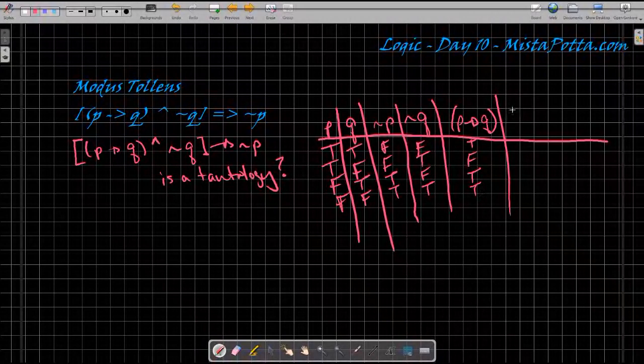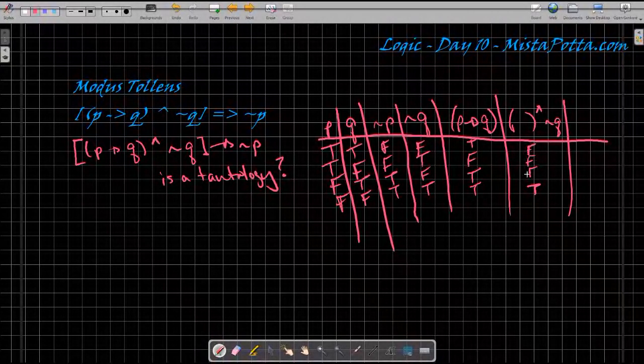But I want to conjunct it with negation Q. And so I'm going to compare the fifth column with the fourth column using a conjunction. A conjunction is a statement that is only true if both statements are true, and that only happens in the fourth row.